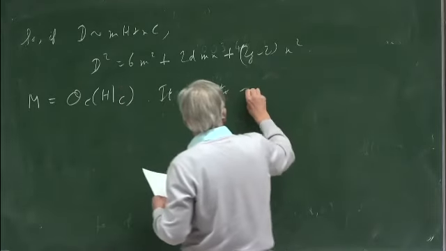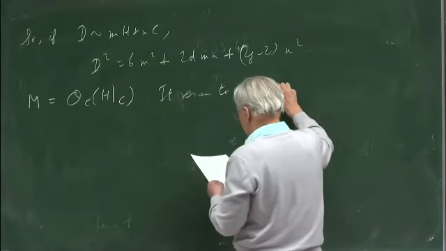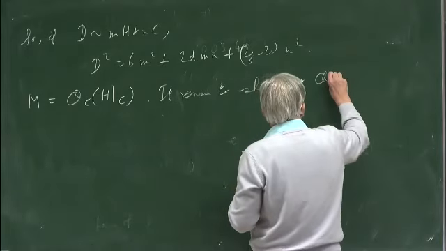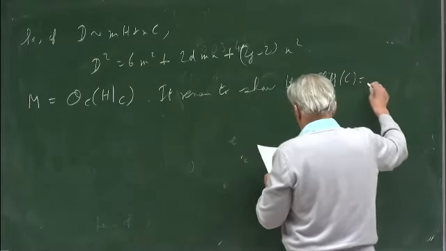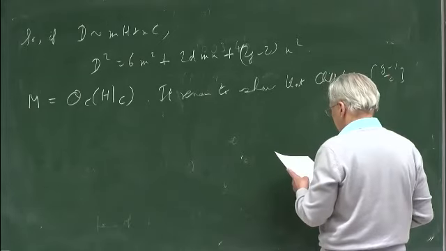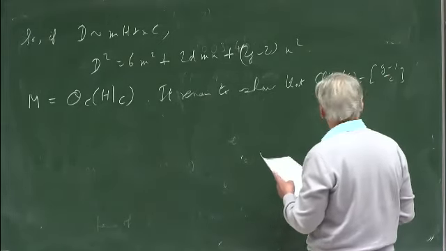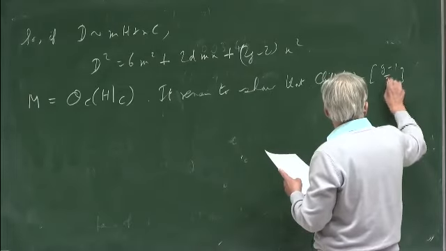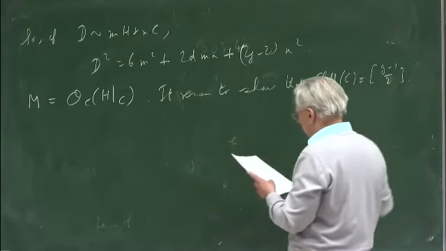That gets all the numbers right. It remains to show that Cliff C equals (g minus 1) over 2. I think that's what it remains to prove.